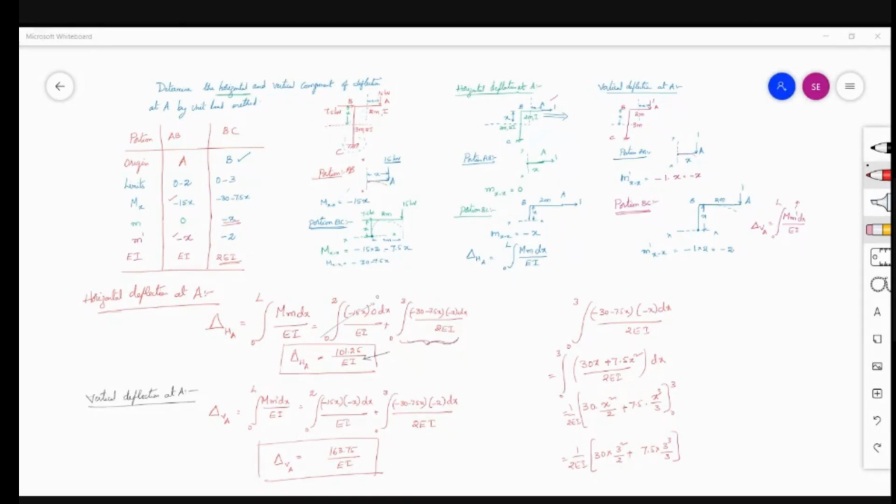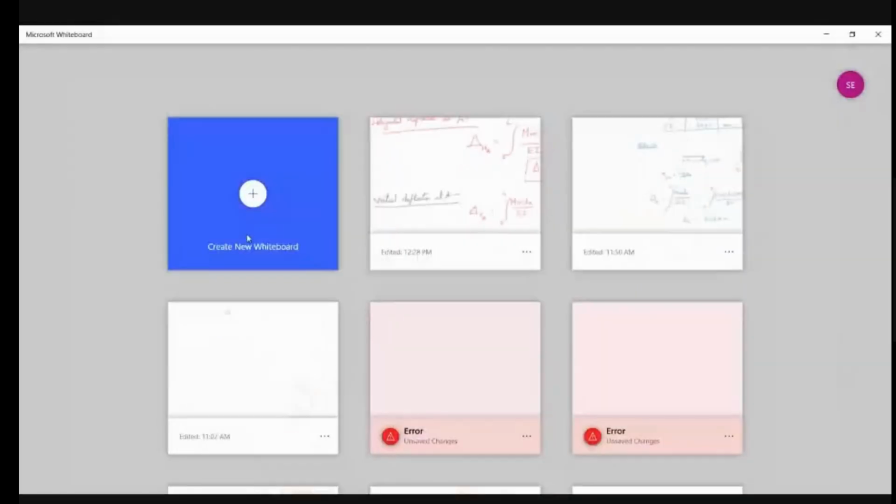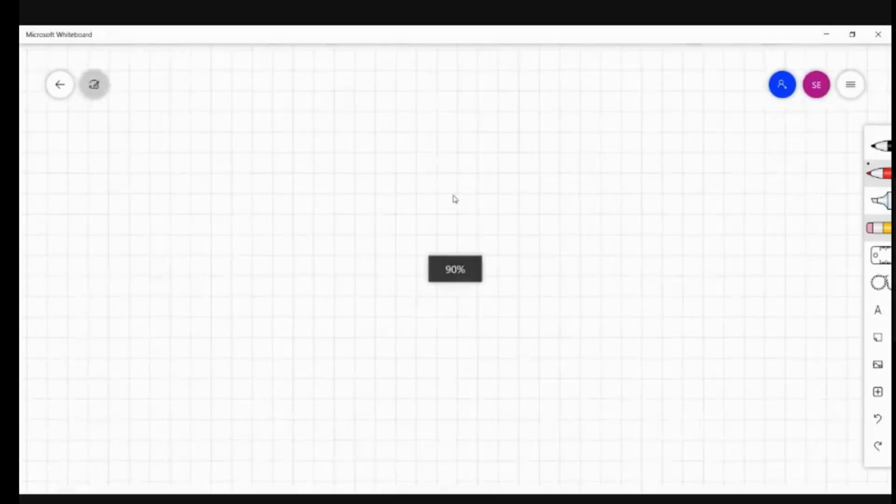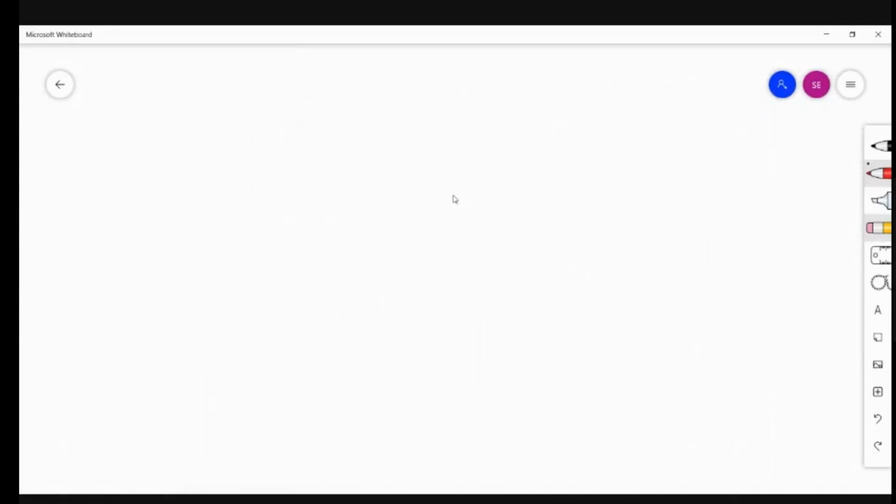Okay, let us take the next problem. Determine the vertical deflection at midspan.